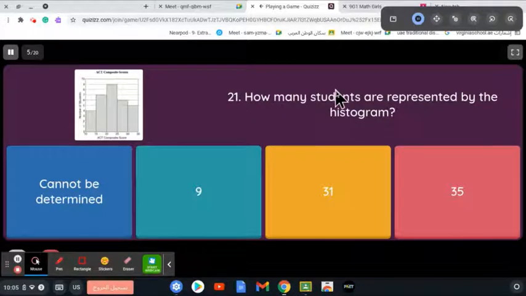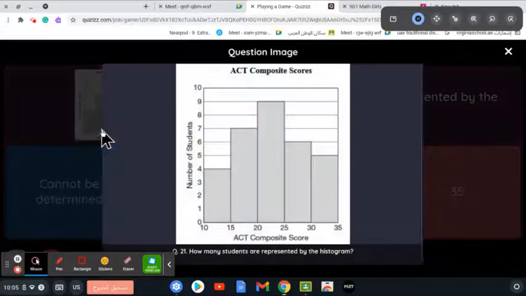How many students are represented by the histogram? Let's see. Students. So 4. Here we have 4. And then here we have 7. So 7 plus 4 is 11. 11 plus 9 is 20.